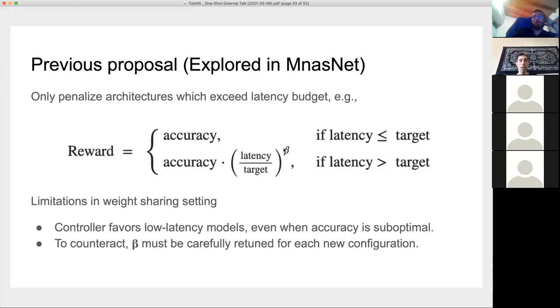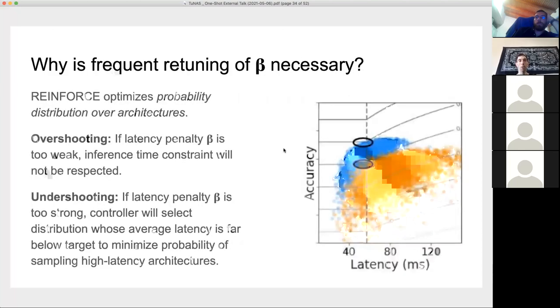And when we started digging into why this frequent retuning was necessary, it turns out that there are basically two failure modes. One, again, is relatively straightforward, which is overshooting. Basically, we make this parameter beta too weak, which means that we don't sufficiently penalize the model for selecting expensive architectures, which means that the latency constraints are effectively ignored or not counted strongly enough, and we end up with an architecture which is too slow to actually deploy.